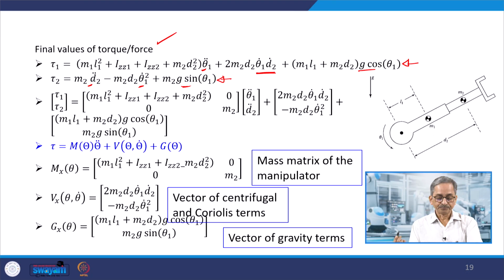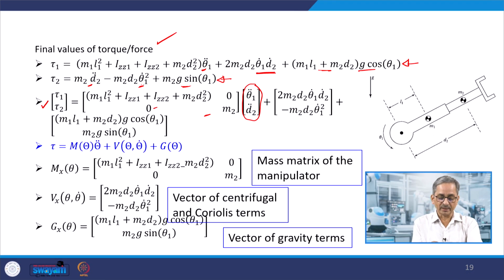Now if I write this in matrix form, tau 1 tau 2, and these two terms written here, and here I am writing the double derivative of my two generalized coordinates. I get this term from here because I have theta 1 double dot and there is no d2 double dot term in the first expression, so this is 0 here.